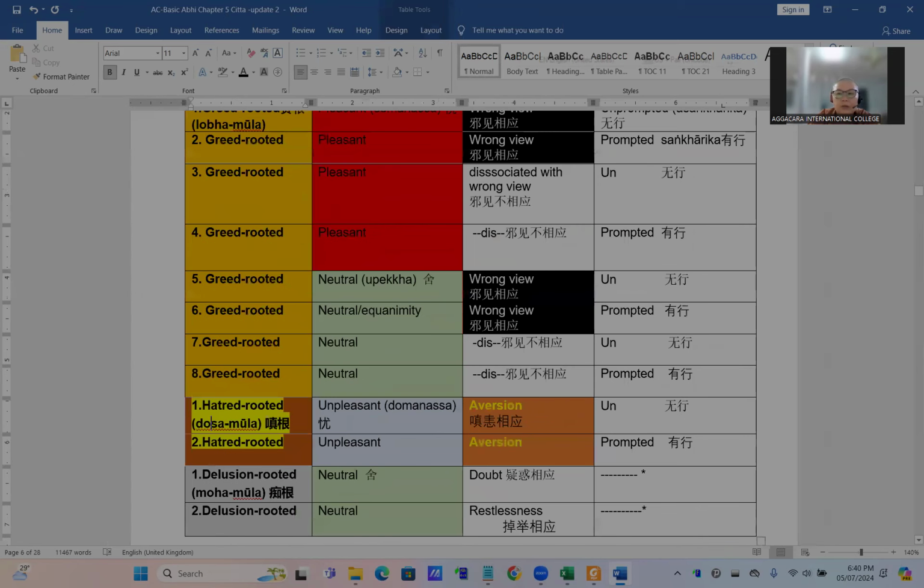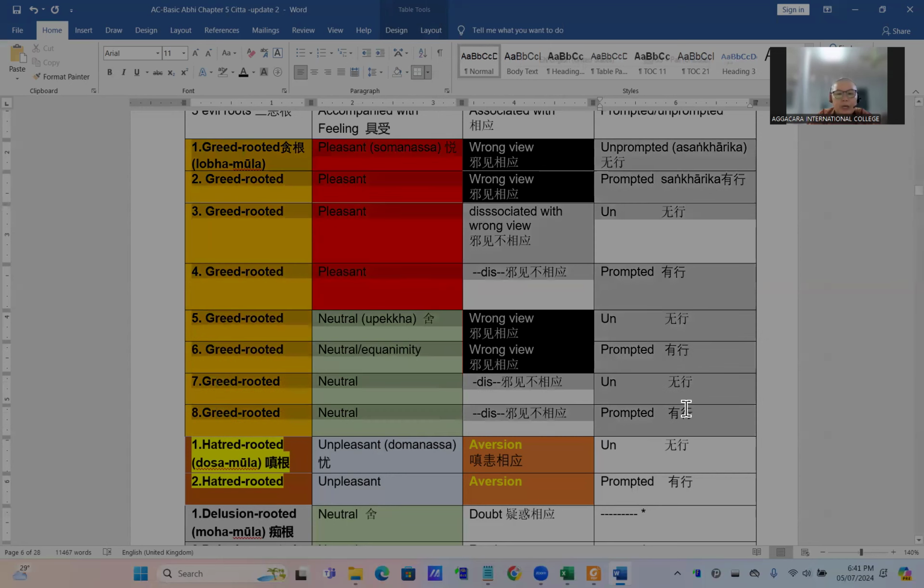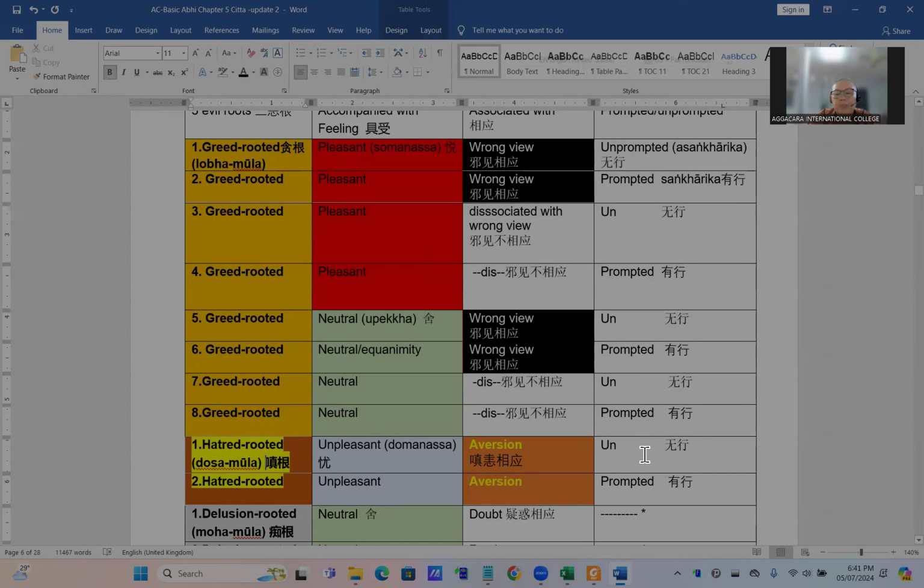Okay. So you all know already. If you calculate all the prompted, unprompted: the eight lobha mula, three rooted, are prompted, unprompted, prompted, unprompted. Definitely there will be four unprompted and four prompted. And hatred also has unprompted and prompted.